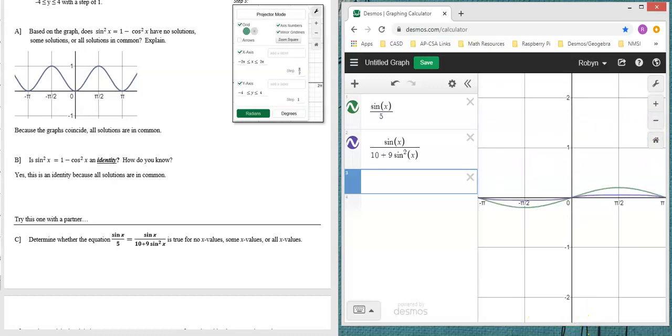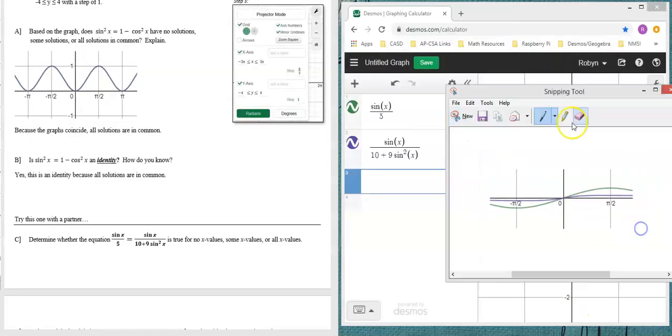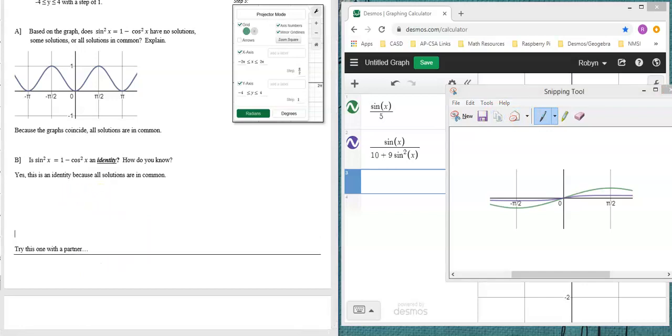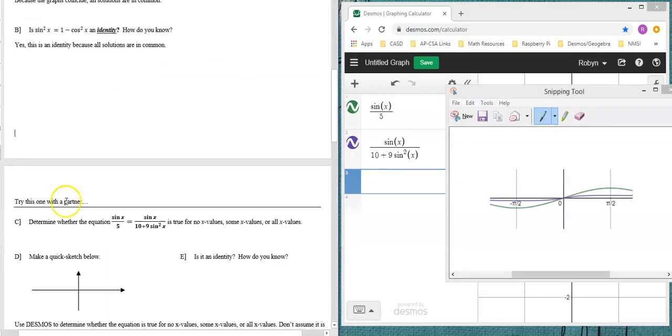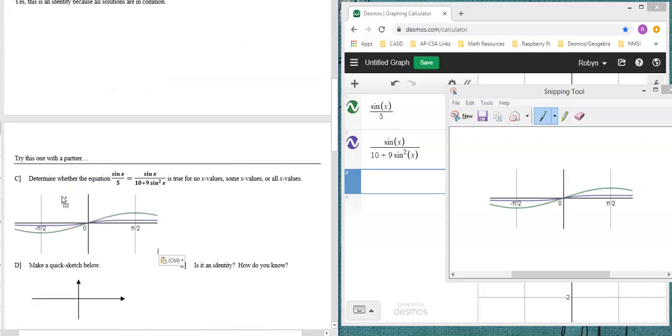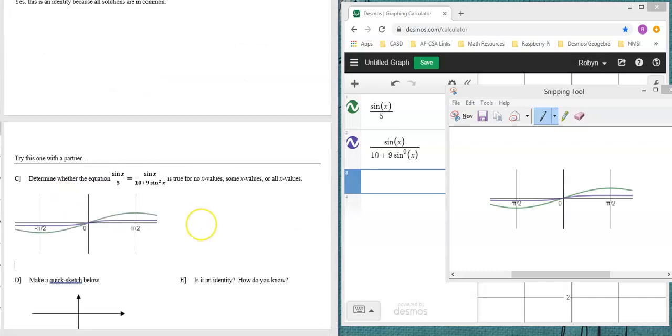So if I grab my snipping tool, then I can copy, and we'll space this down a little bit. Paste that in there, and we'll say this is true for only some x values, not all.